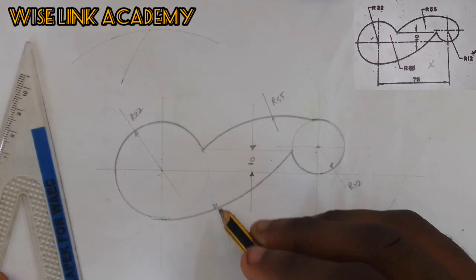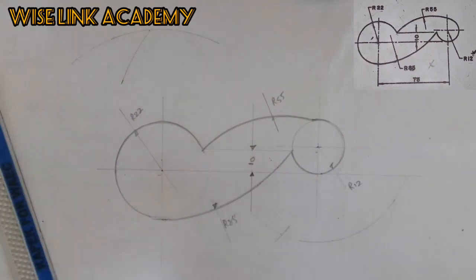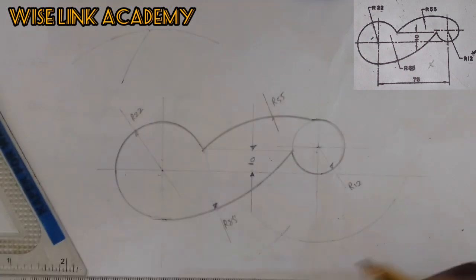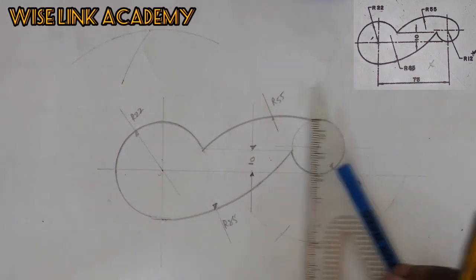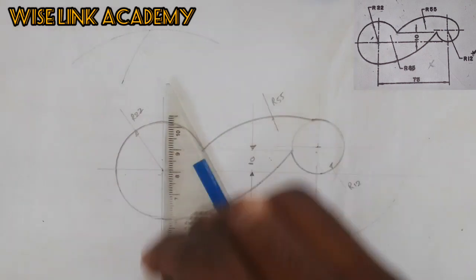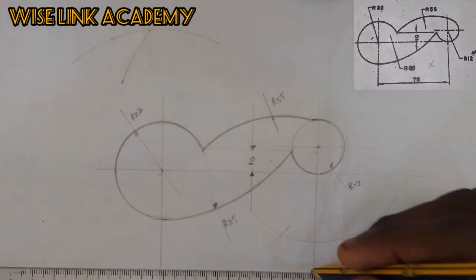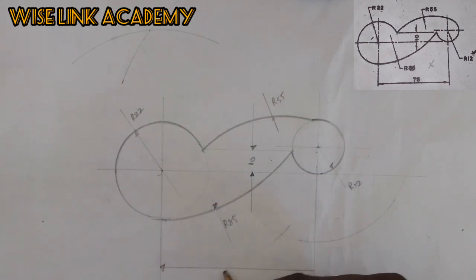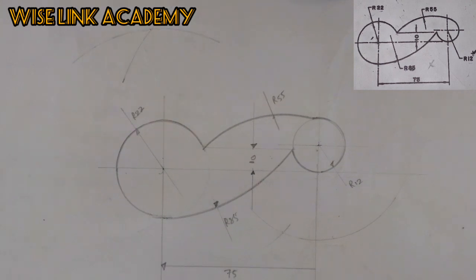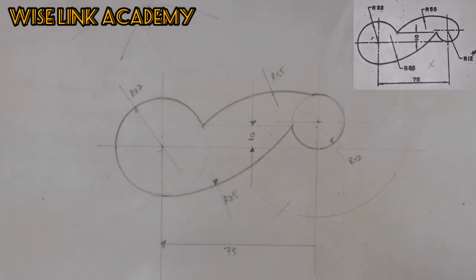Can you see that? The next one is to indicate the distance from this center point here to this center point here, which, if you recall very well, is 75. Let me show you what I'm doing. From here to here, 75.